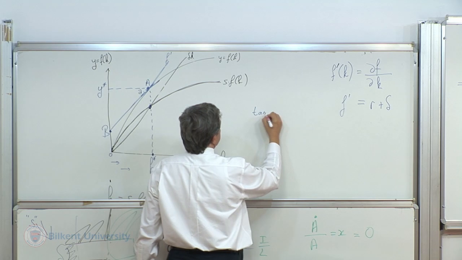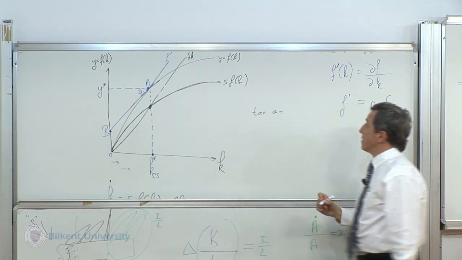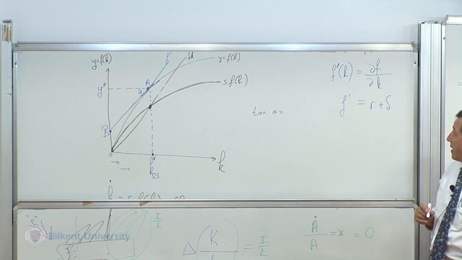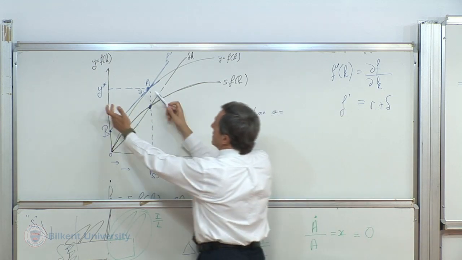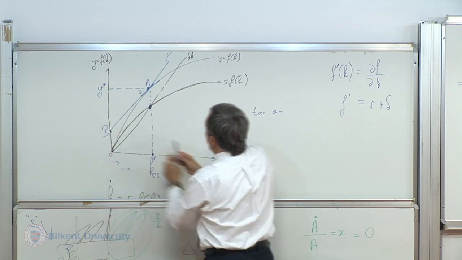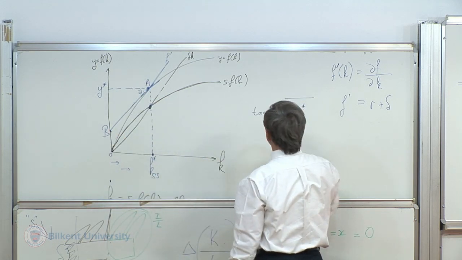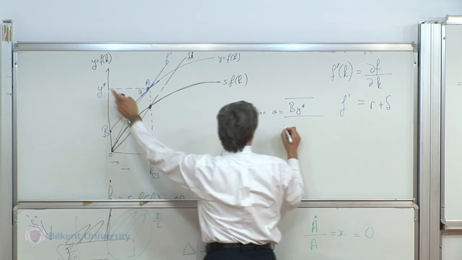Thus, the tangent at alpha is approximated by the opposite side, the distance by star, divided by the distance ay star.